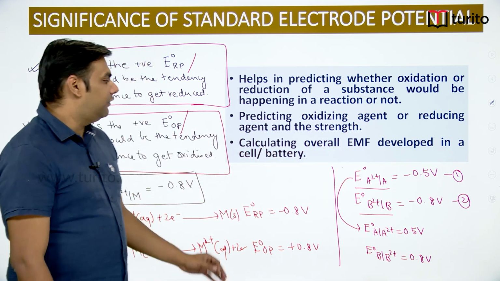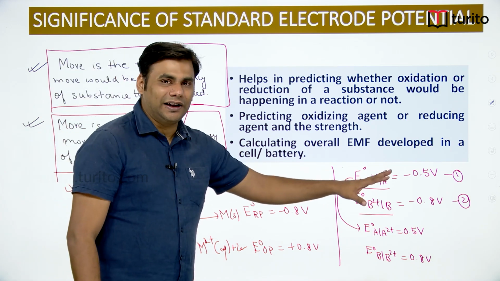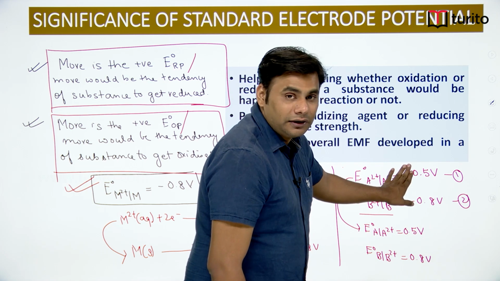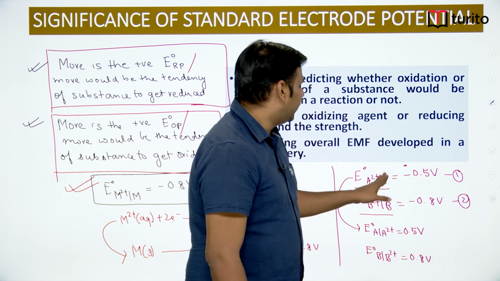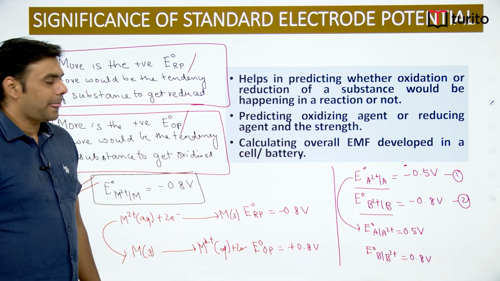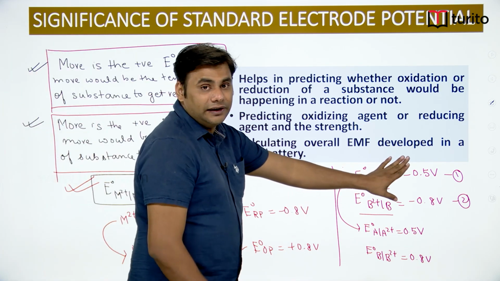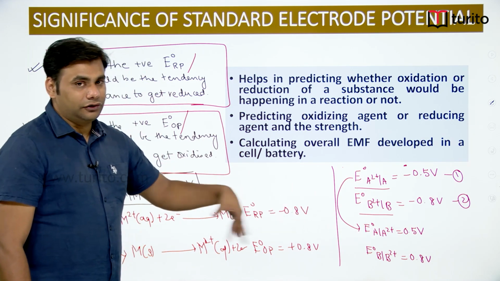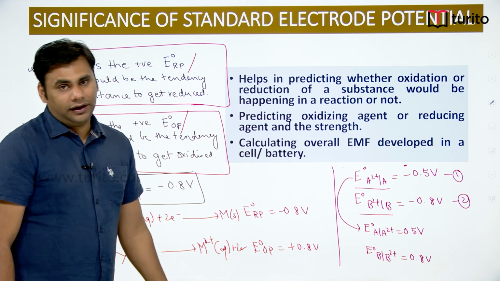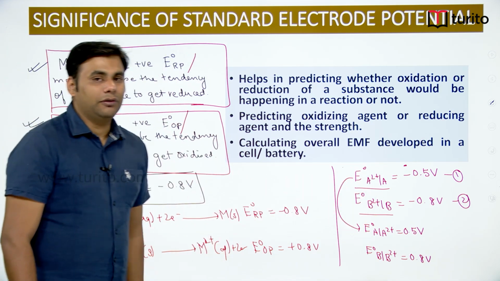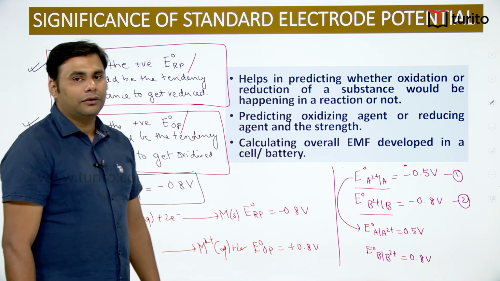Just leave the sign for the time being: this is 0.5, this is 0.8, so the reduction potential is less negative for A. So it will have more tendency to get reduced as compared to the one with the more negative value. Hope this is clear to you.